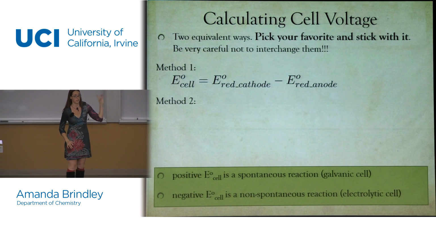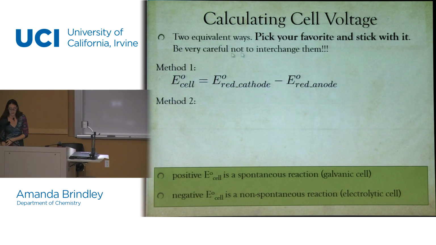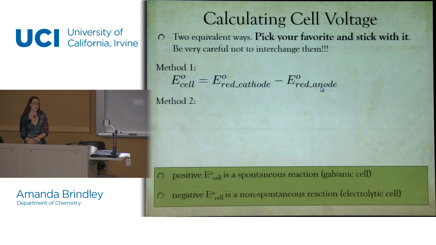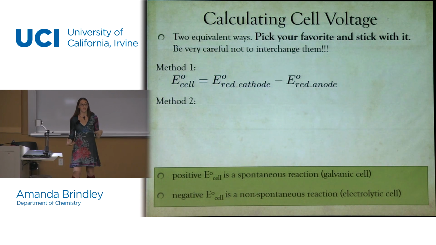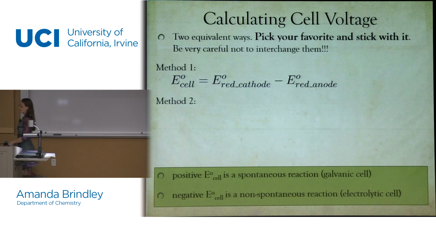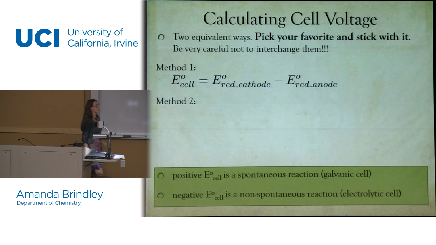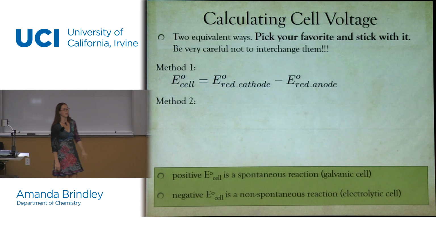So you have to be able to figure out which one's your cathode and which one's your anode. You do need to remember that oxidation occurs at the anode, reduction occurs at the cathode. If you continually mess that up, no matter how many times you say it to yourself, this is probably not your method.